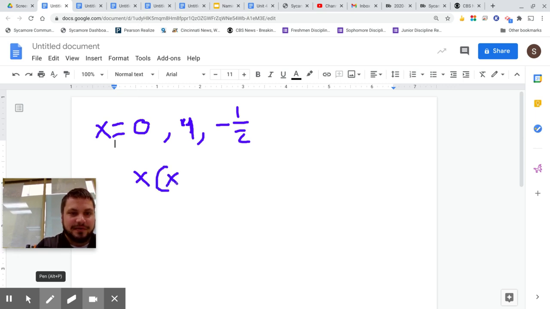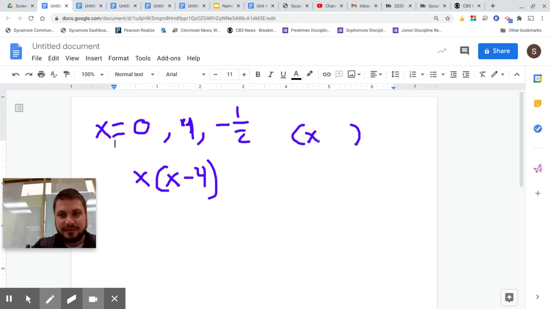If 4 was a 0, then x minus 4 was a factor. Now watch this one, okay? In order for me to get a 0 of negative 1/2, I had to have a factor that looked like this. I'm going to tell you that the factor that made this was 2x plus 1.